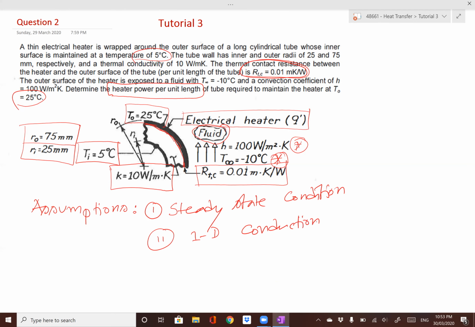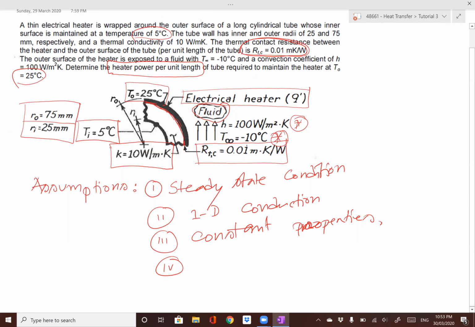Then constant properties: thermal conductivity and other material properties are constant. We will ignore the radiation loss, negligible.